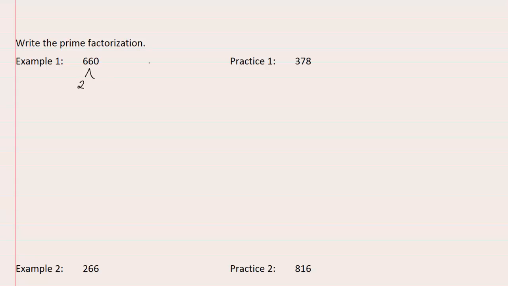So if I do 2, then I need to do that 660 divided by 2 is 330. So the notation I'm using is I'm showing that 660 divides by 2 and 330.